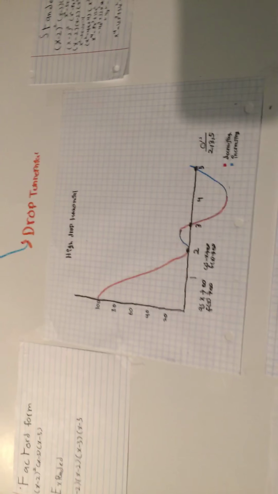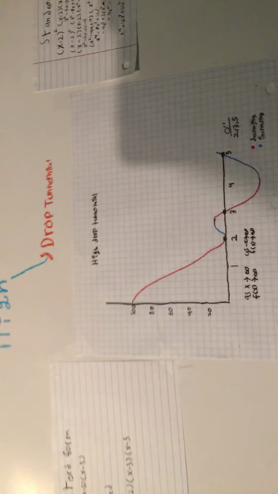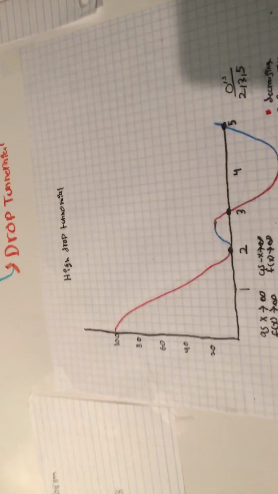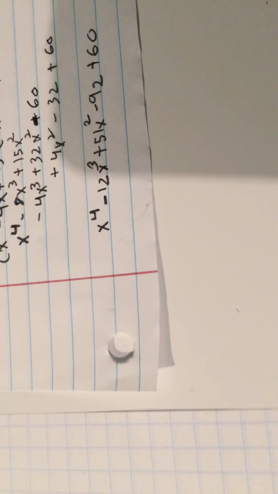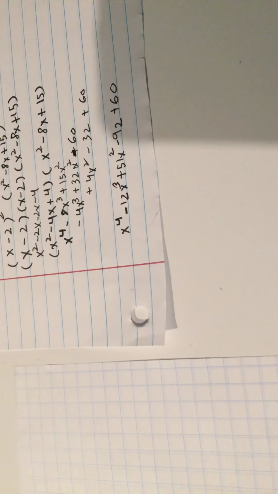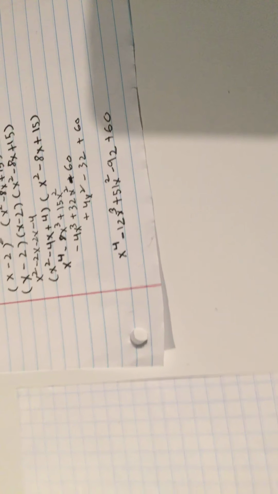For the polynomial that I have, you look at the leading coefficient's variable, which is x to the fourth power, and use that to tell the end behavior. Because it's a 4, it has an even degree. It would either go all the way up on both sides or down on both ends.